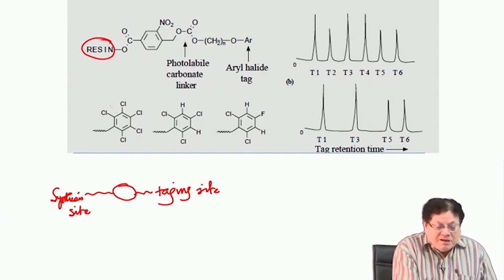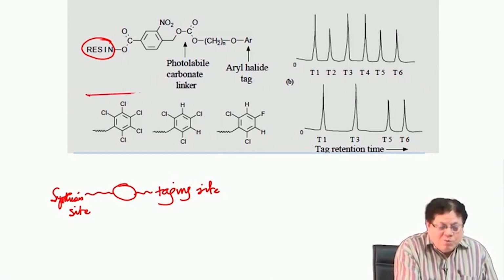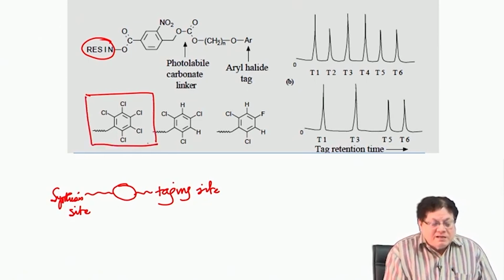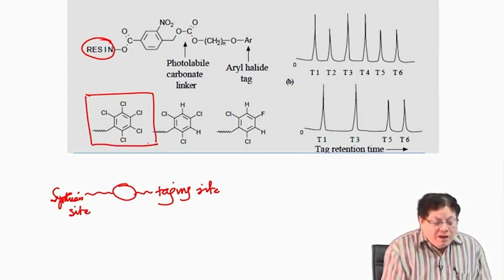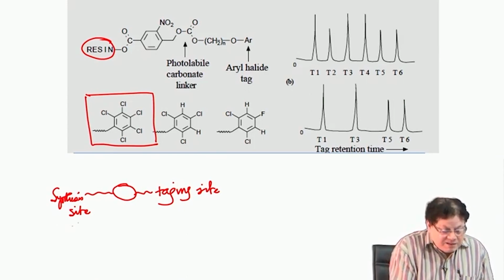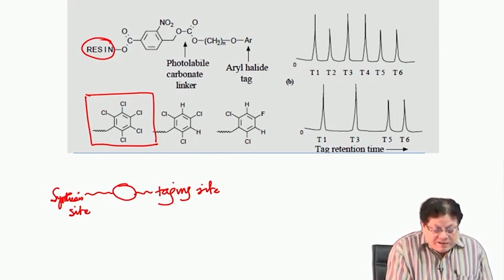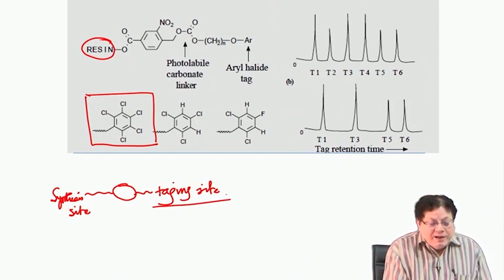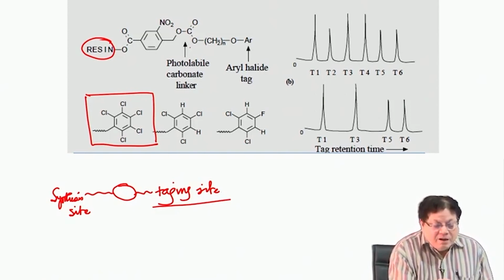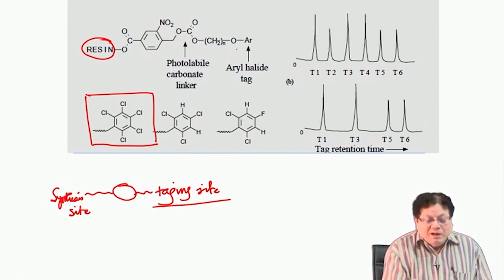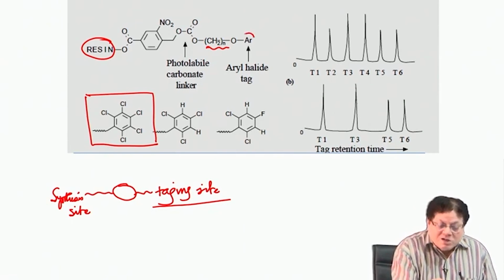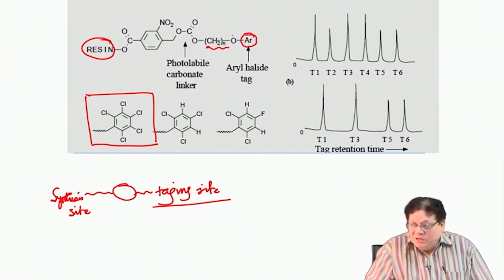Now, for this tag, earlier I told you about the nucleotide bases. Someone has devised this: whenever a synthesis is done, on the other tagging site you add nitrobenzyl oxycarbonyl attached to a linker, okay, and the linker is attached to a substituted aromatic moiety.